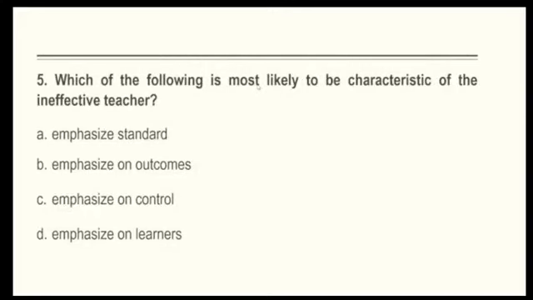Okay, so number 5. Which of the following is most likely to be characteristic of the ineffective teacher? A, emphasize standard. B, emphasize on outcomes. C, emphasize on control. D, emphasize on learners. Okay, what's your answer?